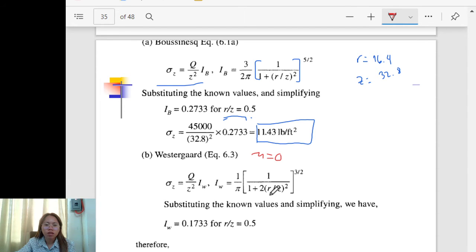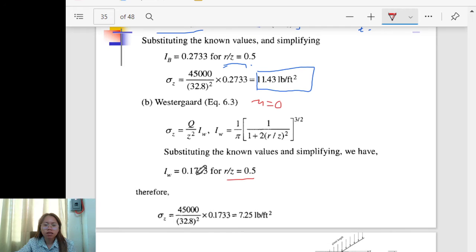The Westergaard equation. Then R over Z is 0.5. Substitute in here. So your Westergaard coefficient is 0.1733. Then solve using this formula. Then the answer is 7.25.